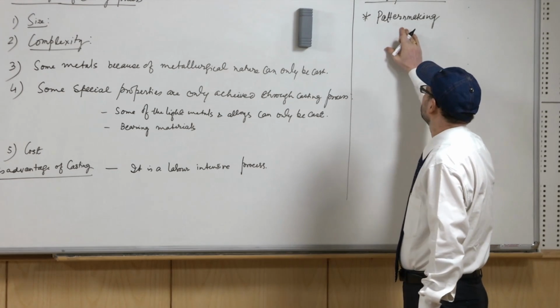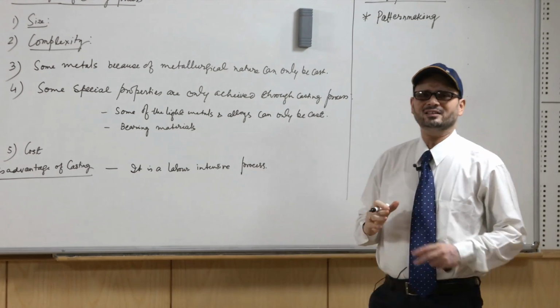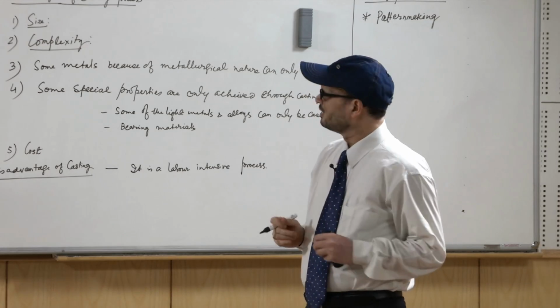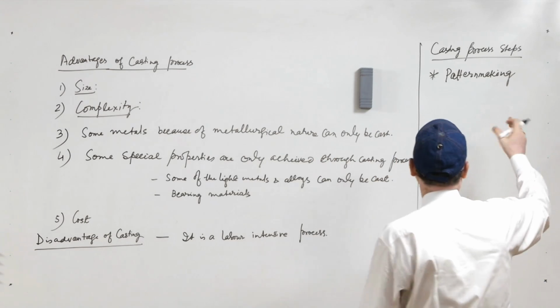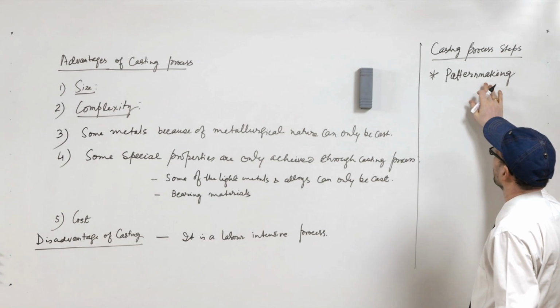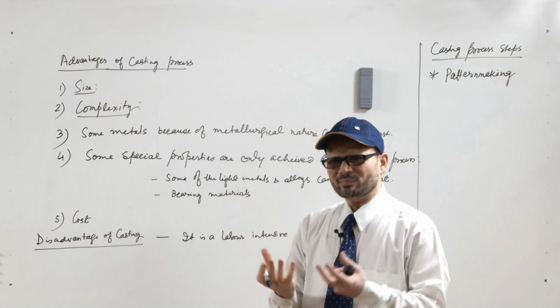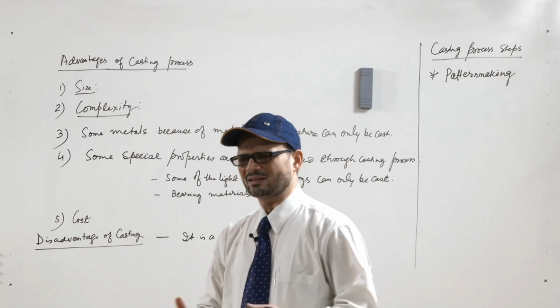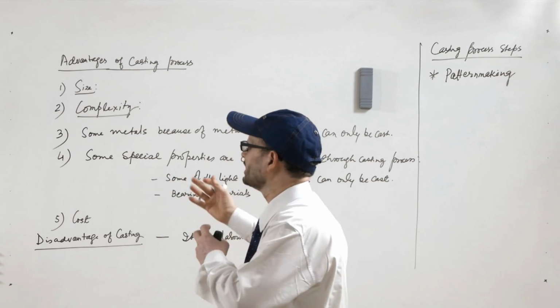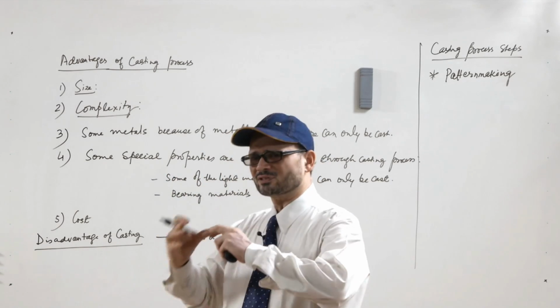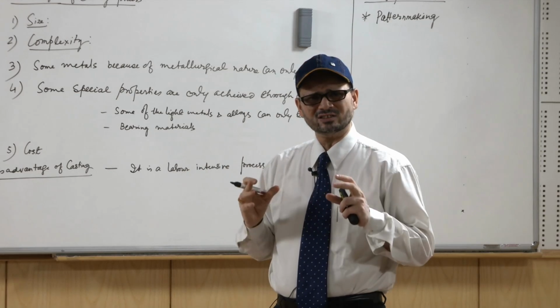Here this pattern is made of either wood or metal, or even plastic products nowadays. This pattern making is a separate section which makes the pattern of a certain material by considering the allowances.